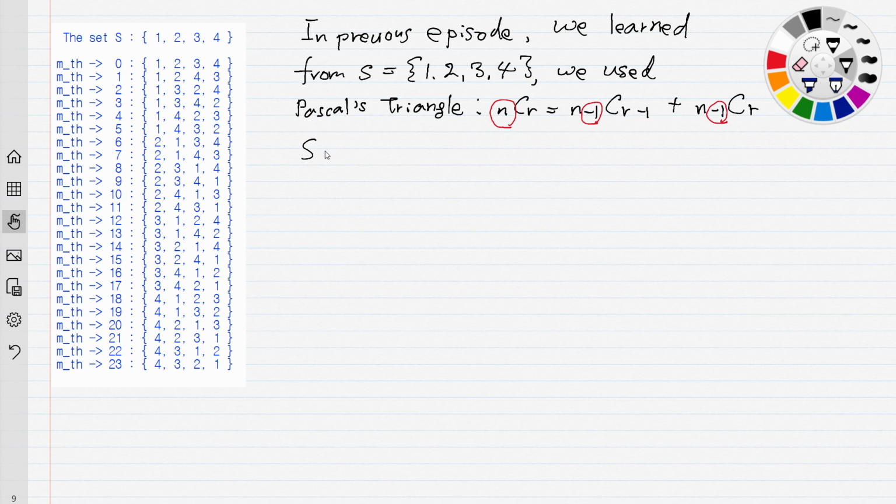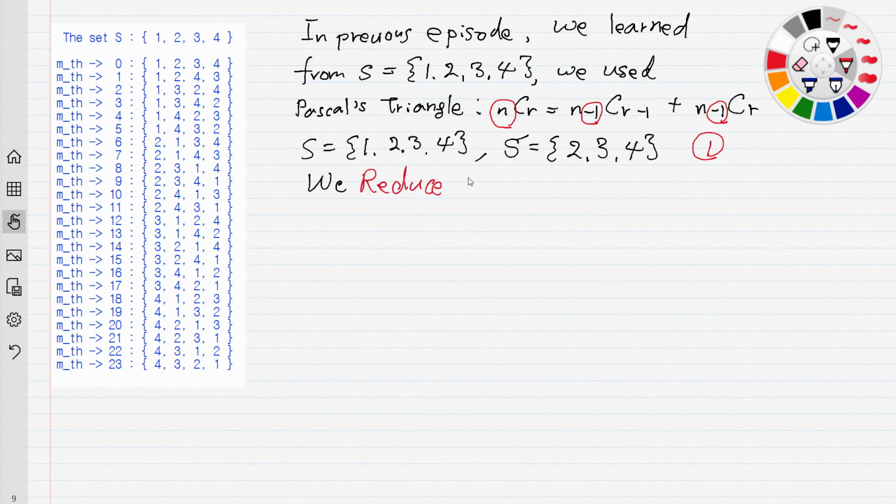That is, from a set S, 1, 2, 3, 4, we reduced the problem to S prime, 2, 3, 4, and we stashed the first element here. We reduced the problem from n to n-1. This is the key.